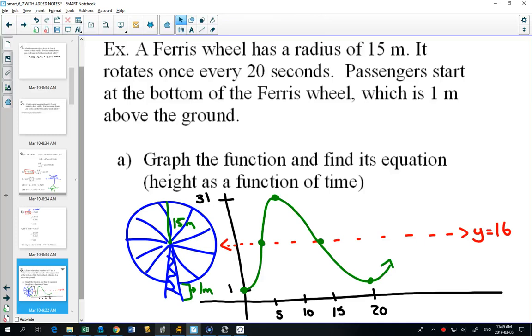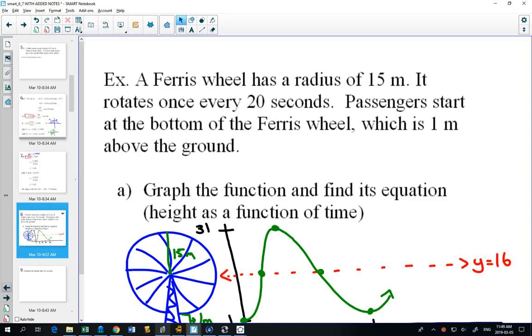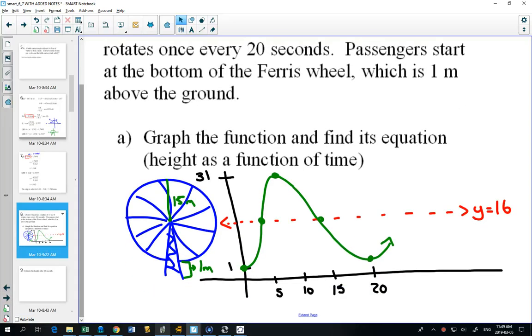Now that we have the graph, we can estimate the height after 22 seconds. Well, an estimate just means if you looked at your graph, can you see that at 25, it would be back to the center line? So at 22 seconds, if I was estimating, it has to be somewhere between 1 and 16.